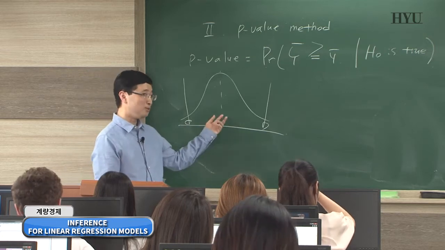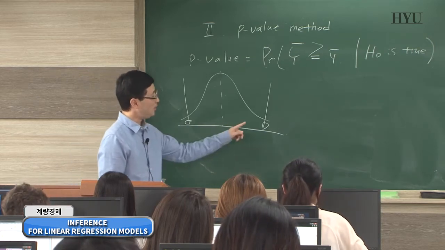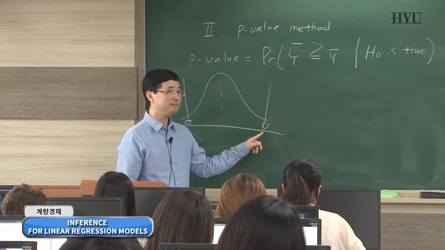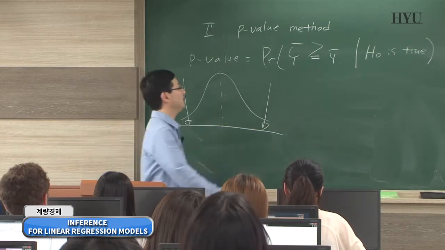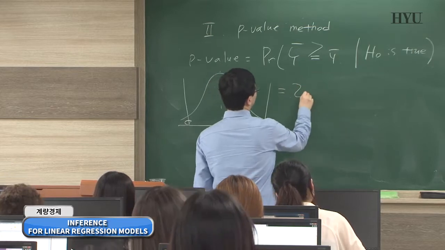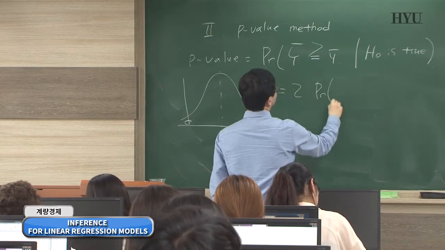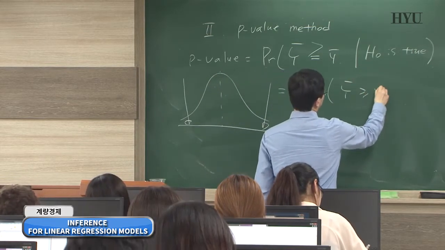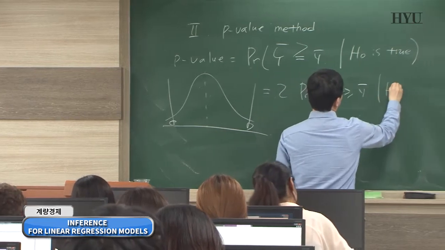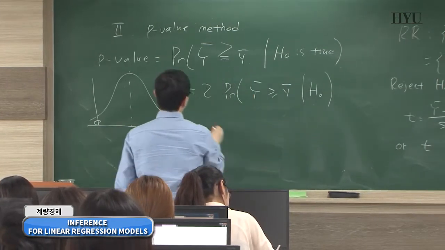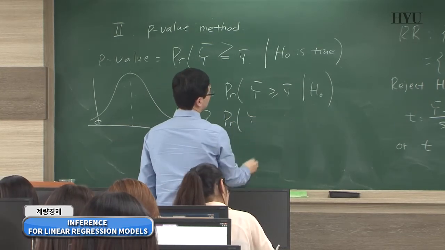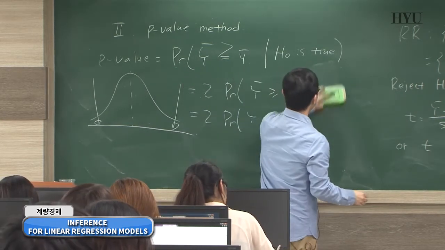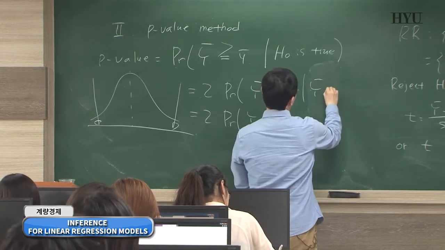Now everything is symmetric. So if you only care about the probability to the right-hand side, the probability on the left-hand side will be the same, right? So that's why we multiply 2. And then we can calculate this probability. If the null is true, we know the distribution.